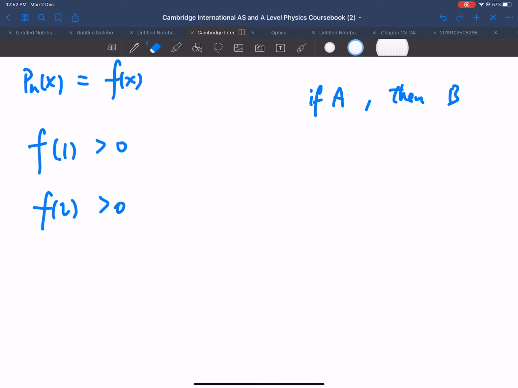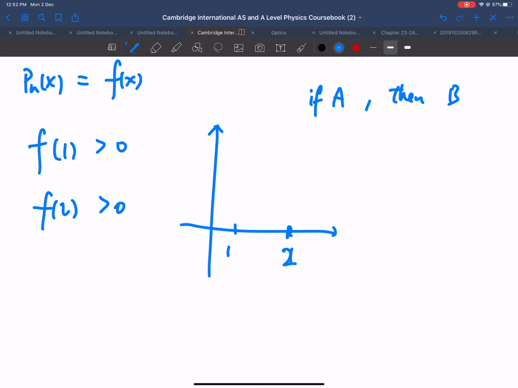Now I'll give you a graph to show it. If f(1) and f(2) are greater than 0, there can also be a root in between, just like this graph. f(1) and f(2) are positive, but there exist two roots in between 1 and 2.